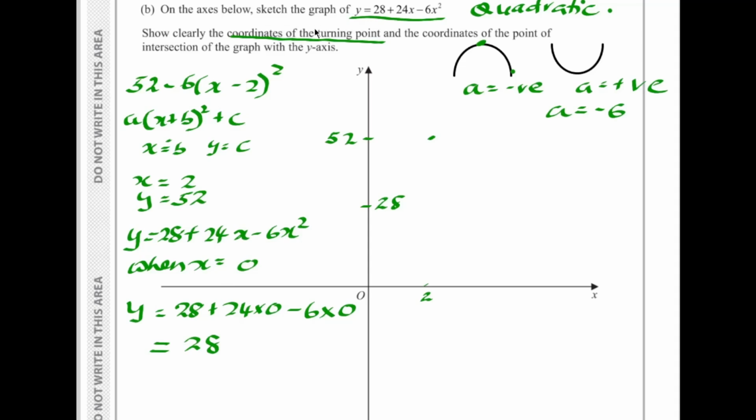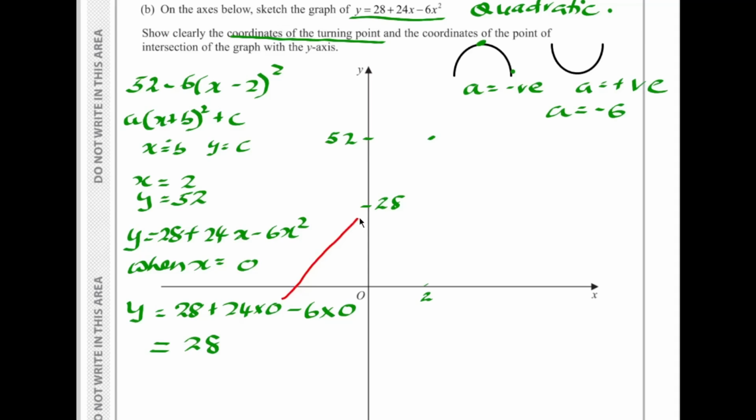Like this. It would be starting somewhere from here, and all the way here. Like this. So it has to be a curve. It has to be a nice curve. Now mine is not nice. It is ugly. Let's try to redo it.